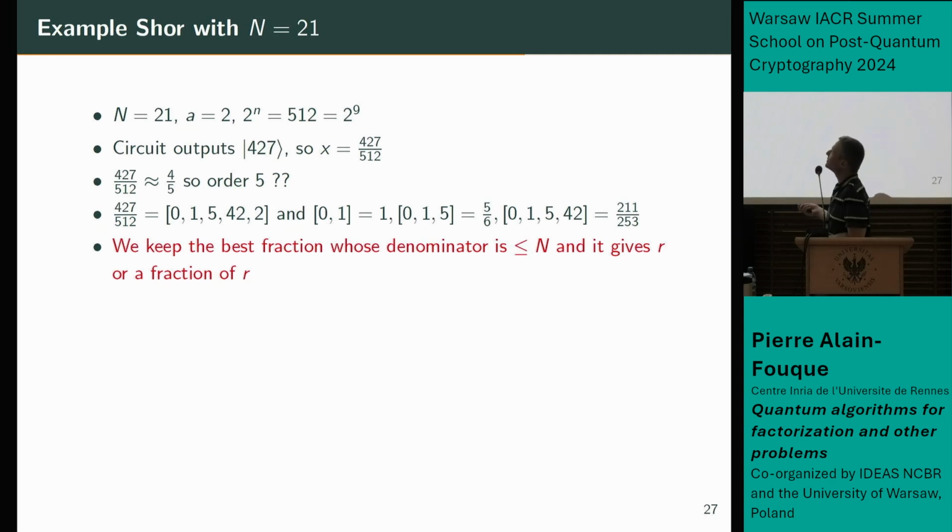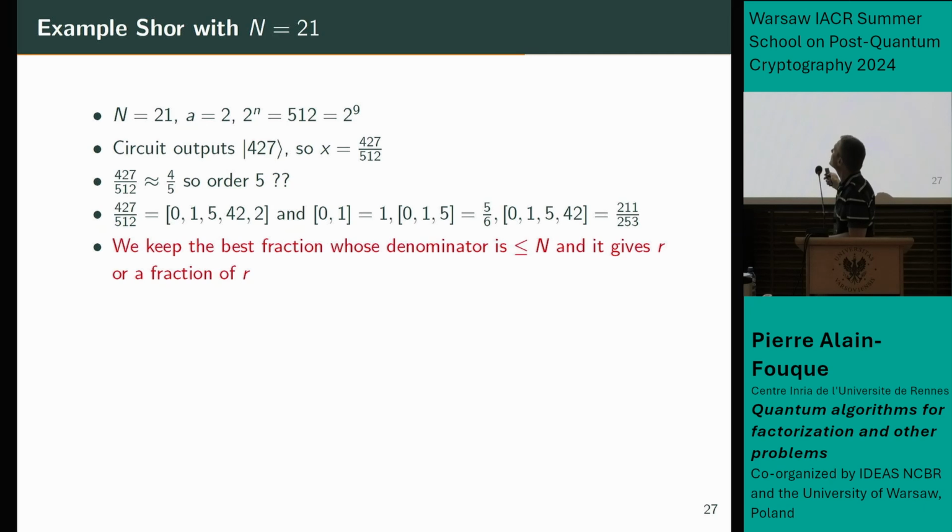But in fact, it's not really the case. So one good thing you can do is try to write the continued fraction from this fraction, and you will get this. And so you get what is called partial convergents. So you just take the first 2 digits, you have some fraction, and now you use only the first 3 digits, you get another fraction here, and now you take only the first 4 digits, and you get this fraction here.